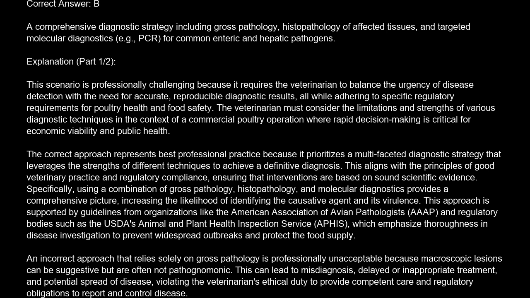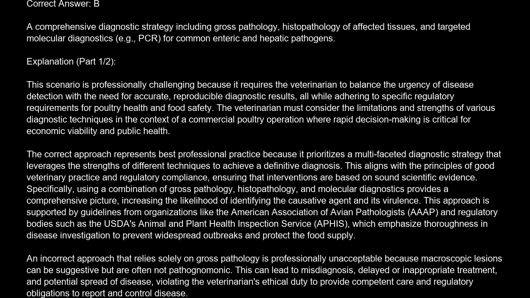The veterinarian must consider the limitations and strengths of various diagnostic techniques in the context of a commercial poultry operation, where rapid decision-making is critical for economic viability and public health. The correct approach represents best professional practice because it prioritizes a multifaceted diagnostic strategy that leverages the strengths of different techniques to achieve a definitive diagnosis.